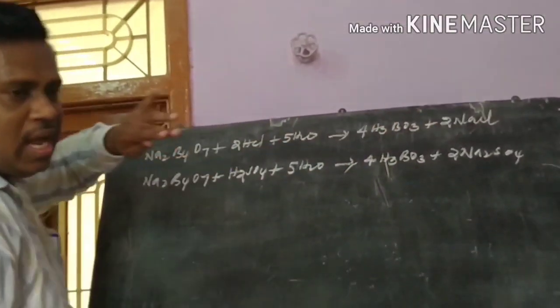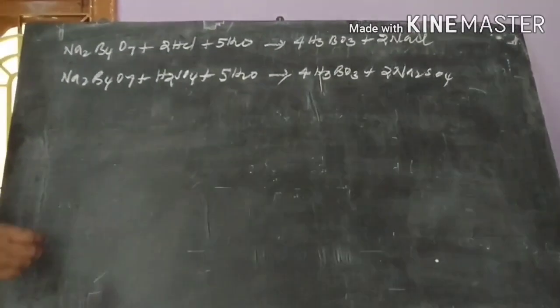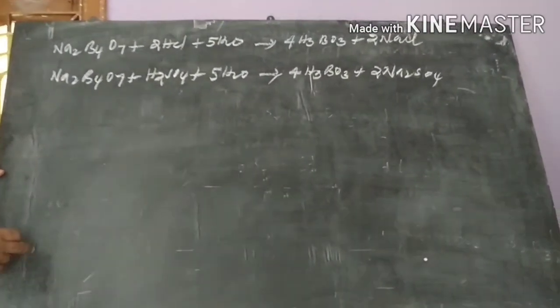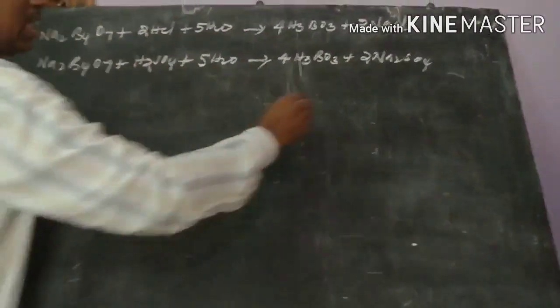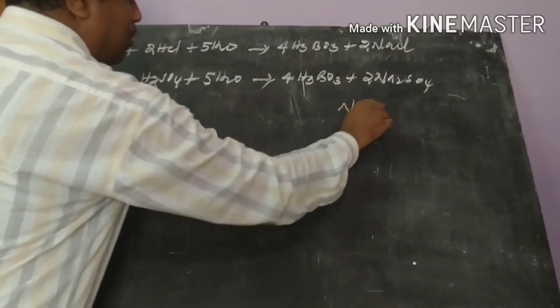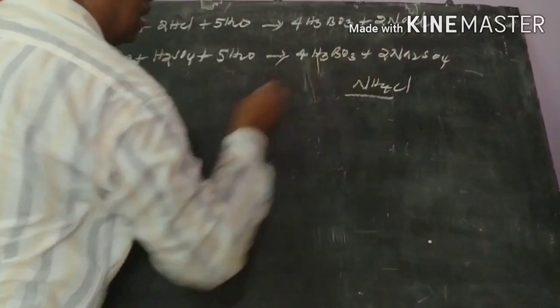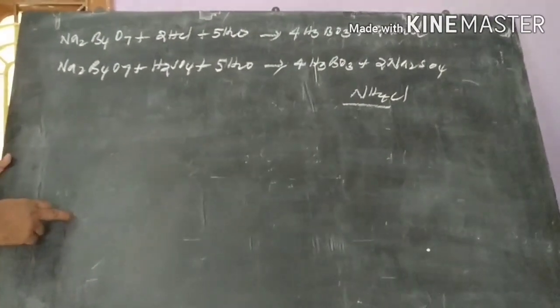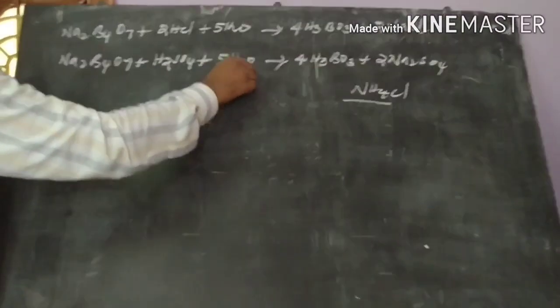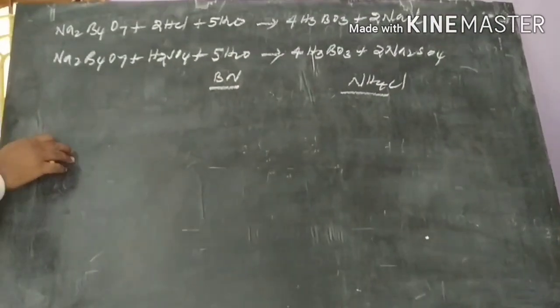The next: when treated with ammonium chloride, NH4Cl, it forms boron nitride, BN.